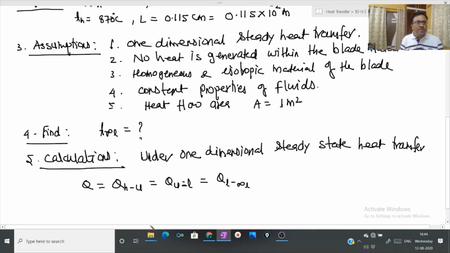So this is the rate of heat transfer from hot gas to the upper surface by convection. This is the rate of heat transfer from one end of the solid to another end by conduction, and this is the rate of heat transfer from lower surface of the blade material to the cold air by convection.